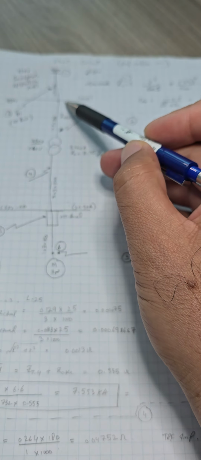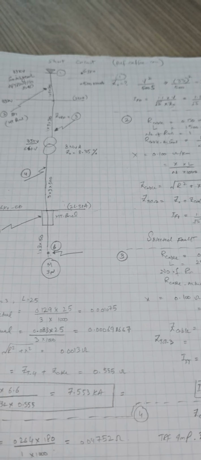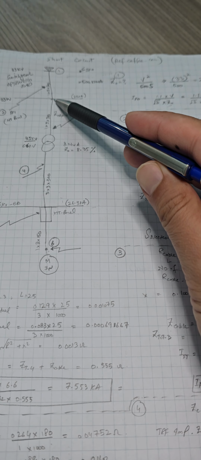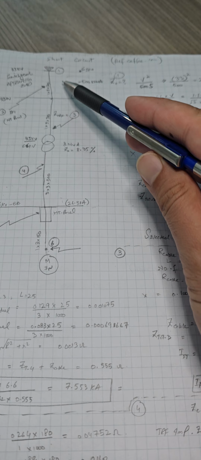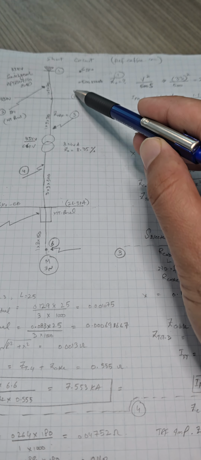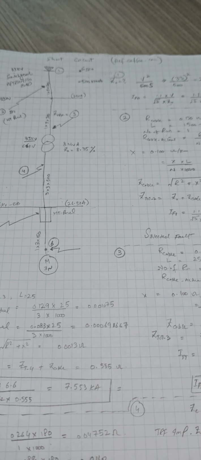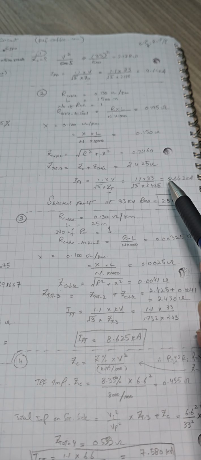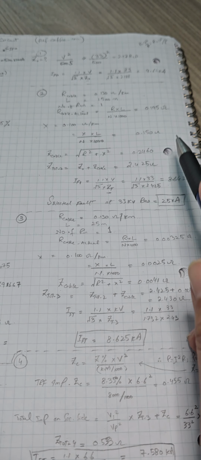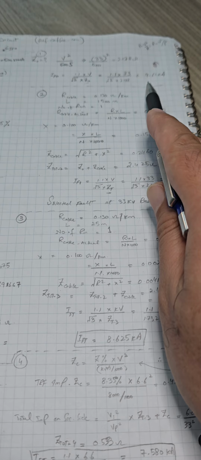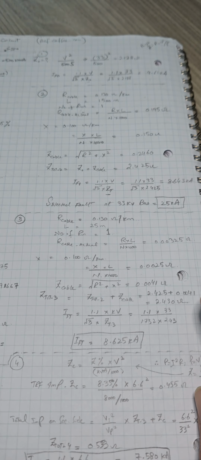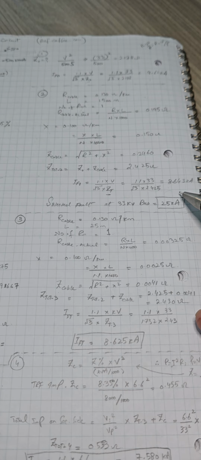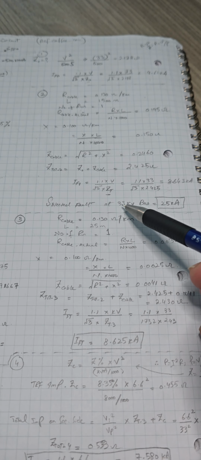And by adding the short circuit current rating at this point and this point, we make it a rough value of 25 kiloamps. You can see here we have 8, before we calculated 9, so it is like 17. So we make it roughly 25 kiloamp just for the bus bar.